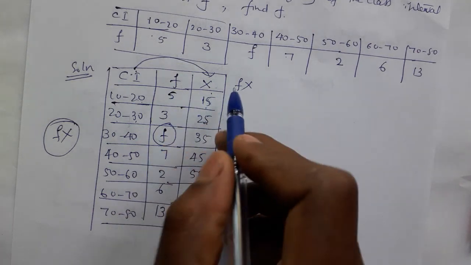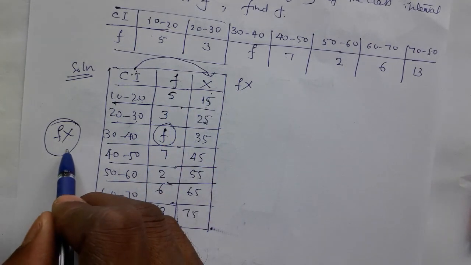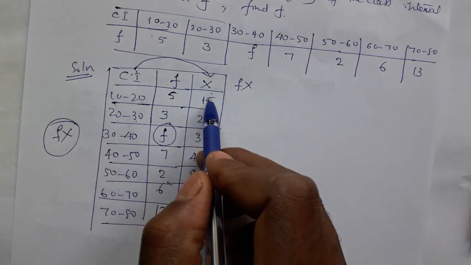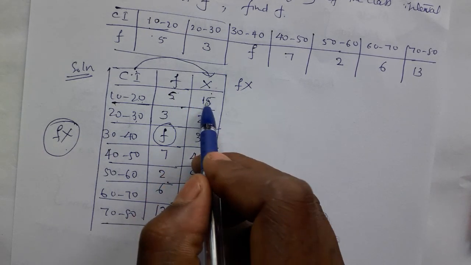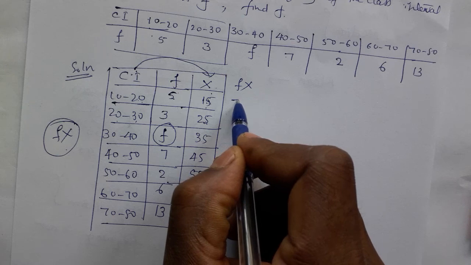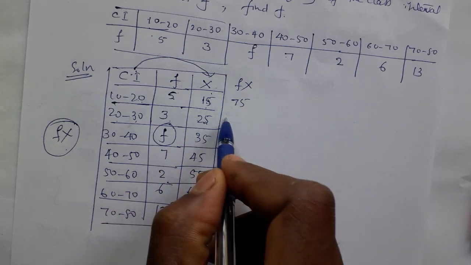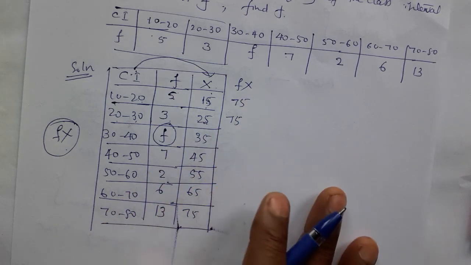fx. fx means f and x multiply, because we are following the direct method. In that we need to multiply f and x. 5 times 15 is how much? It is 75. 3 times 25 is also 75.